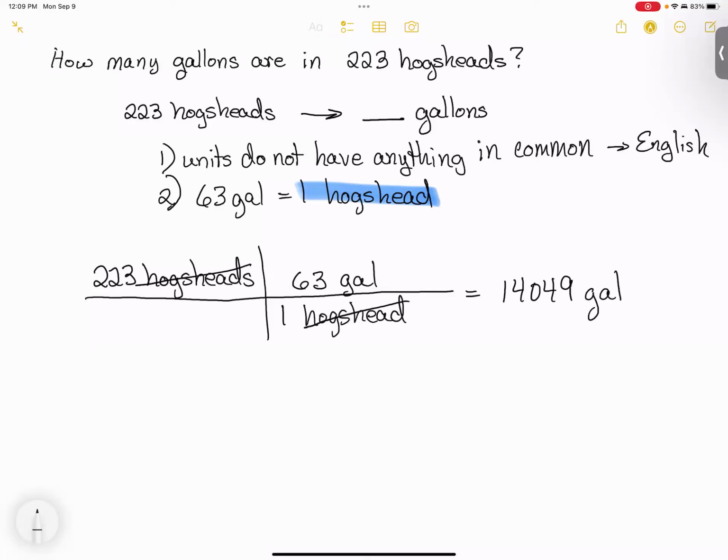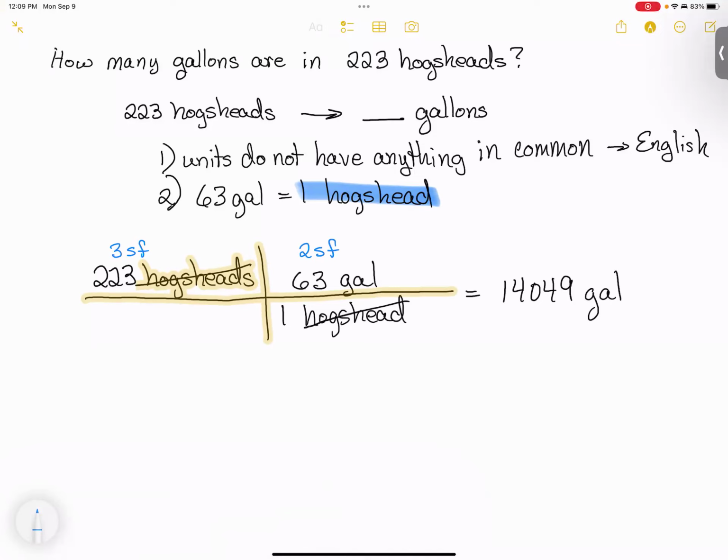Now, I've done the math. Now I've got to pay attention to significant digits. The first number has 3 significant digits. The 63 has 2 significant digits.